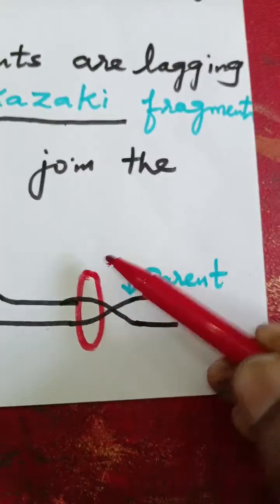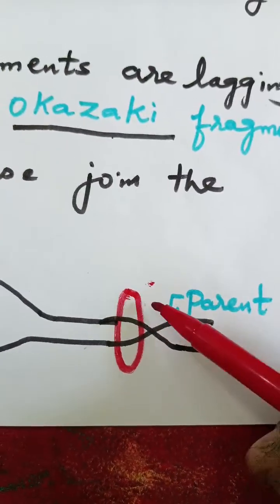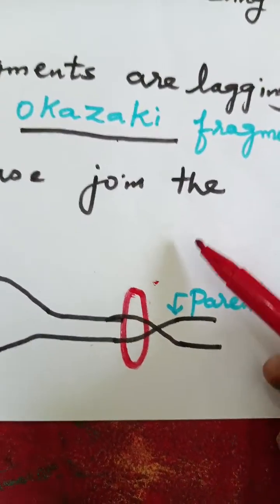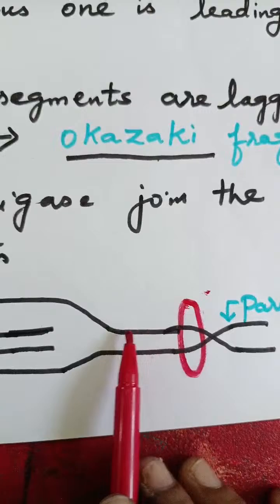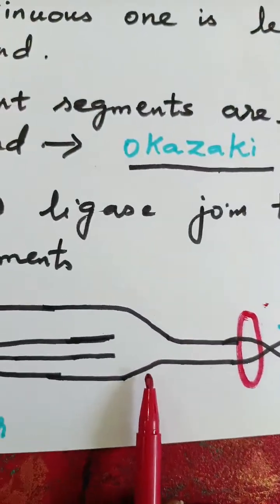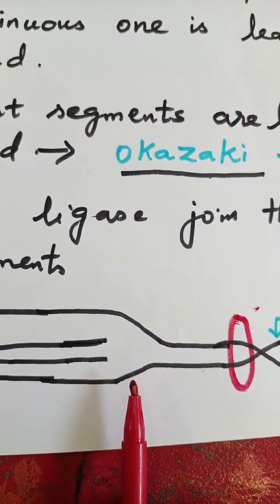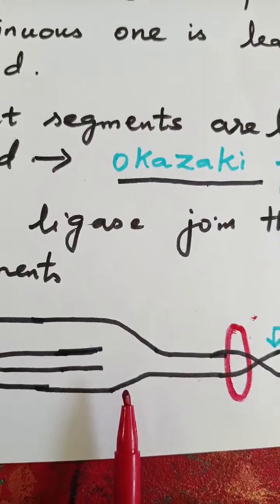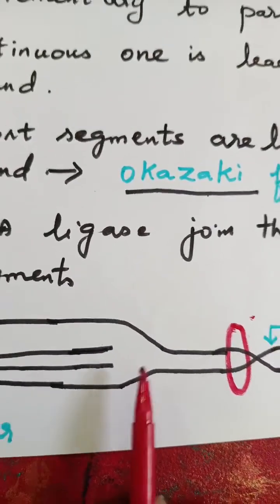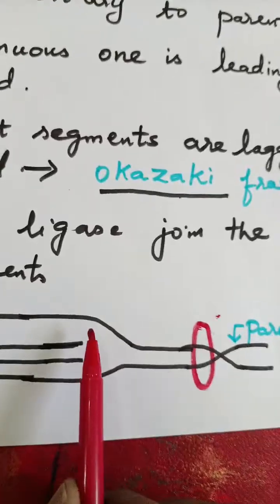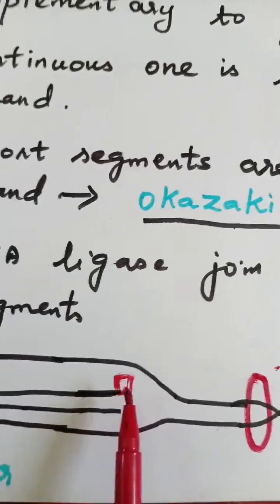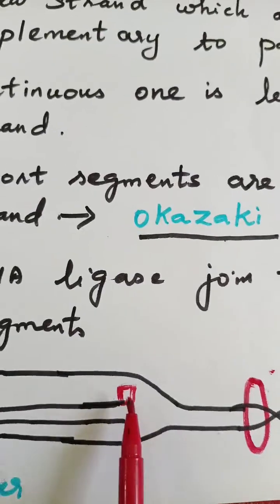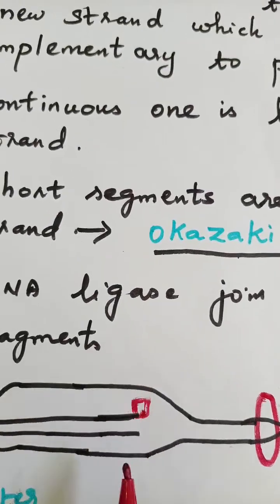How is this replication fork formed? By the helicase and topoisomerase, and then there will be separation of the two strands and unwinding of the twist of the parent strand, and then the RNA primer will be there to initiate the new nucleotide formation, which is complementary to the template strand.